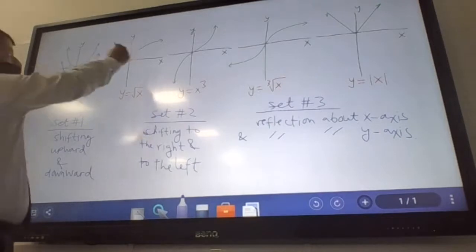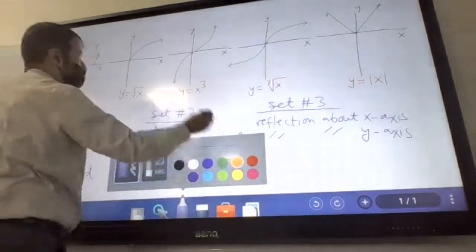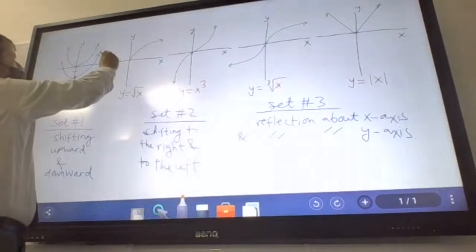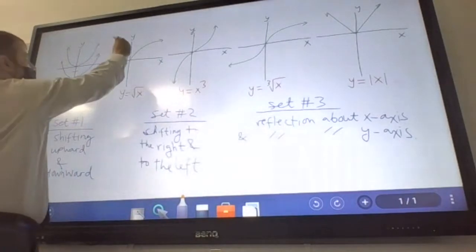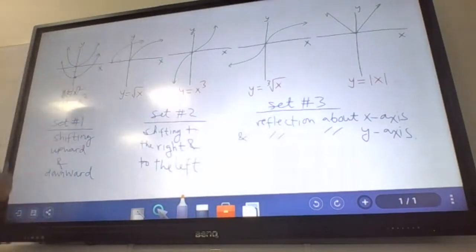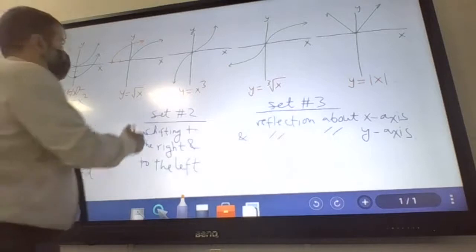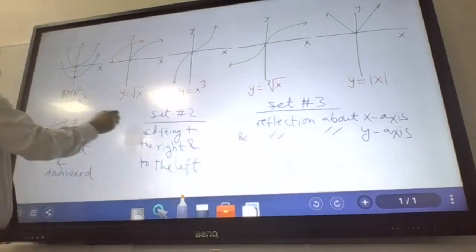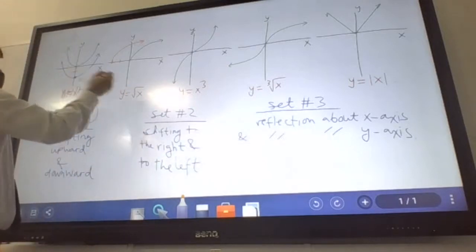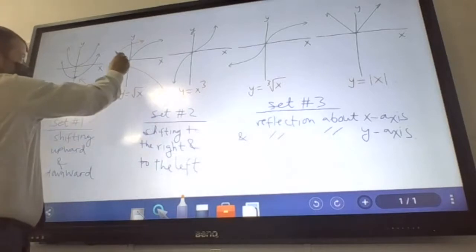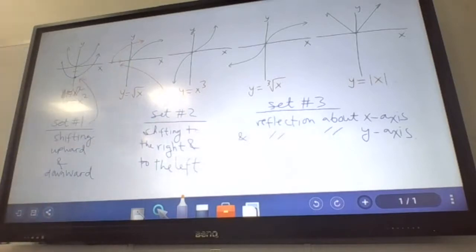Then maybe, what if I know that this is radical of x? What about this one? What's the rule of this function? Which is resulting by what? By shifting the original graph 2 units to the left. So we have to apply the second set. So for this, I have to apply set number 1. For this, I have to apply set number 2.